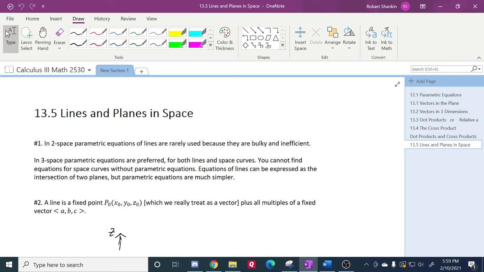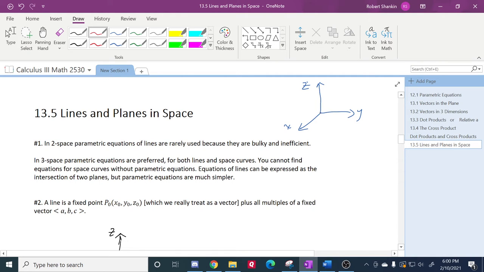Now, space curves we're not going to get into today, but since I used the term, let me just tell you what it is. Imagine we've got an x, y, z coordinate system. You can have all kinds of curves in space. Imagine a little miniature alien who's in a little tiny flying saucer, so small that he just occupies one point in space.